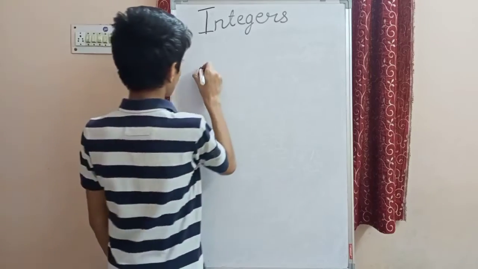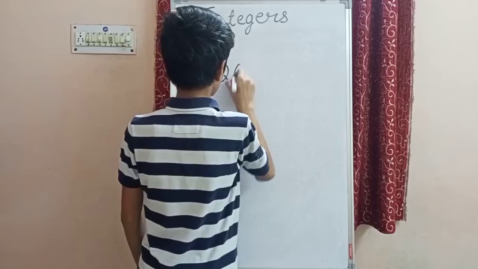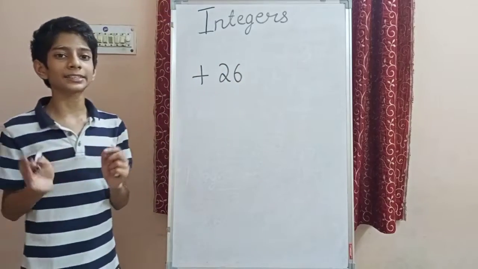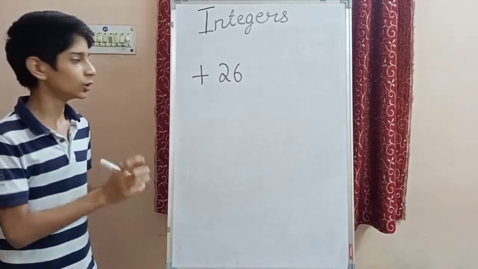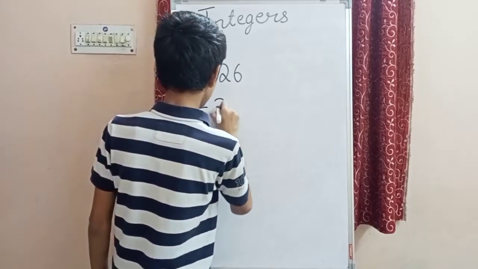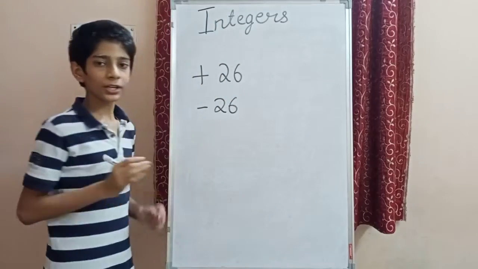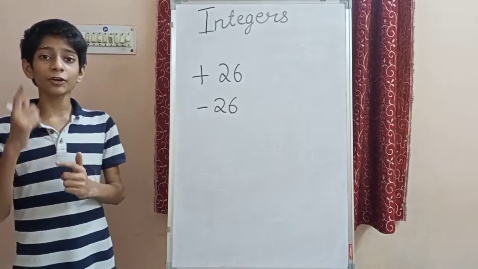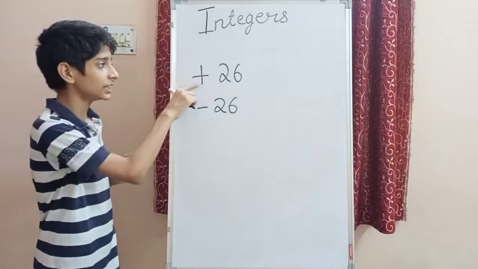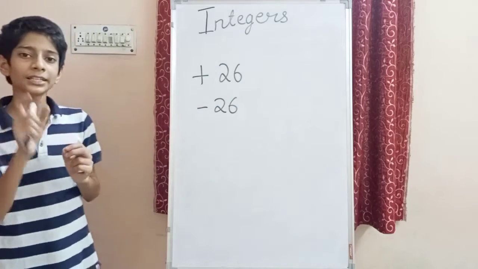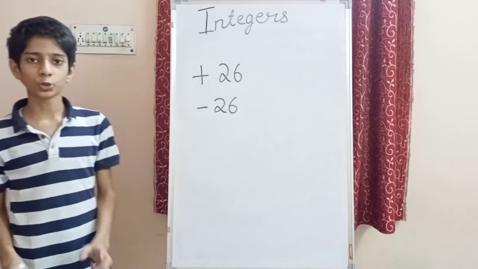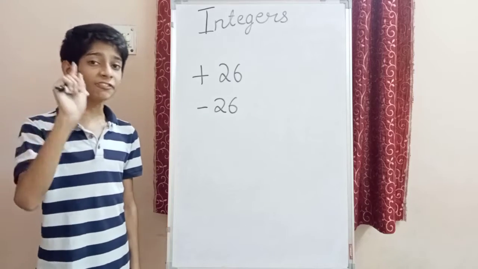Like we take as an example plus 26. For plus 26 there is a negative number also, that is minus 26. So now you are clear with the first rule.